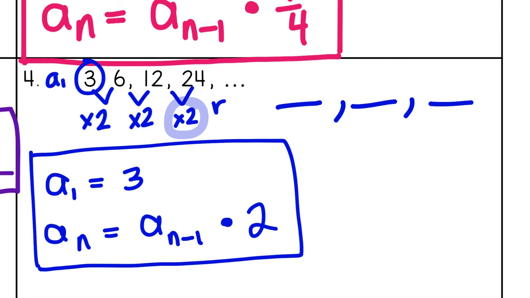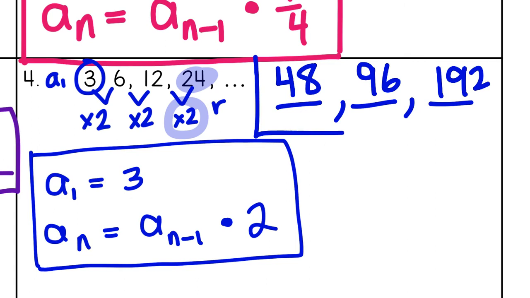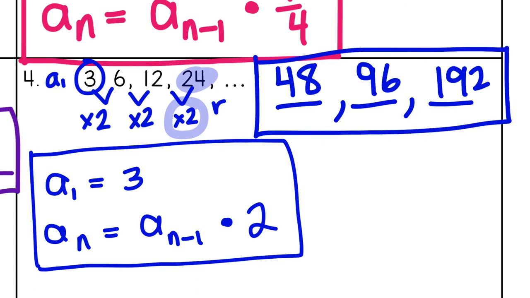Okay, so since the pattern is times 2, starting with the last number that we were given, what is 24 times 2? 48. And then now what is 48 times 2? 96. And then what is 96 times 2? That's 192. So those would be my next 3 terms.